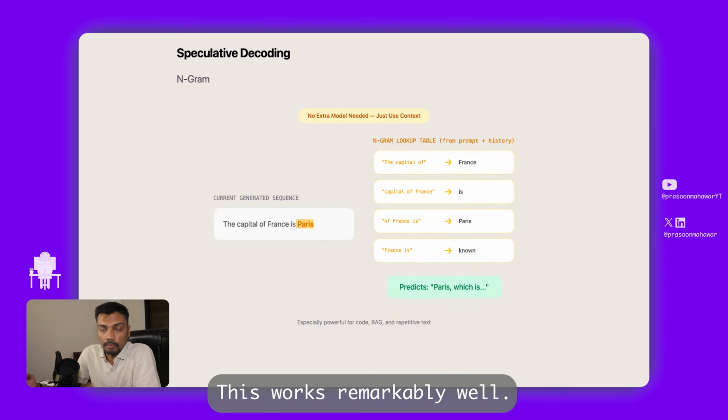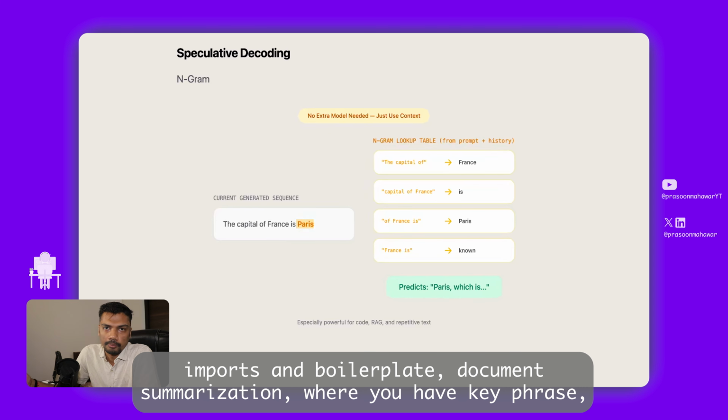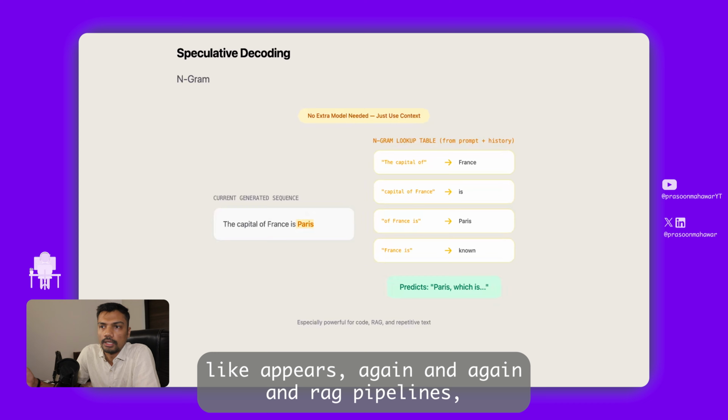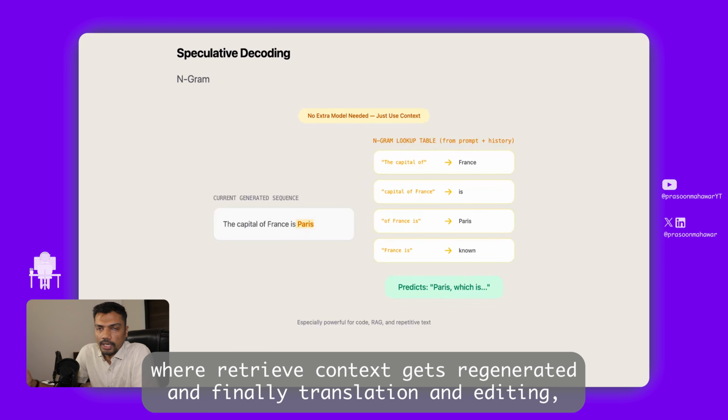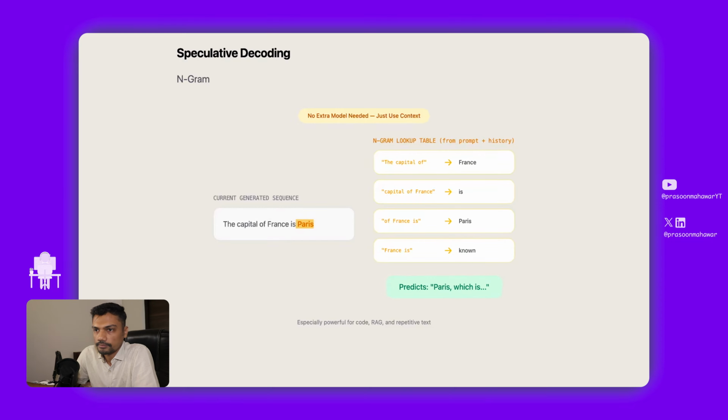This works remarkably well for code generation, where you have repeated patterns, imports, and boilerplates. Document summarization, where key phrases appear again and again. RAG pipelines, where retrieved context gets regenerated. And finally translation and editing, where source language chunks are repeated in the translation.